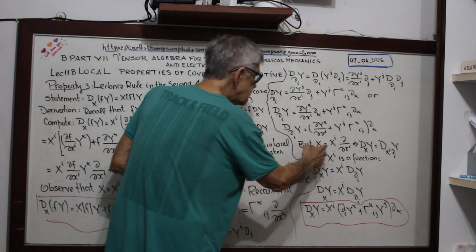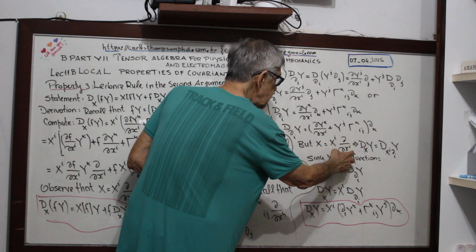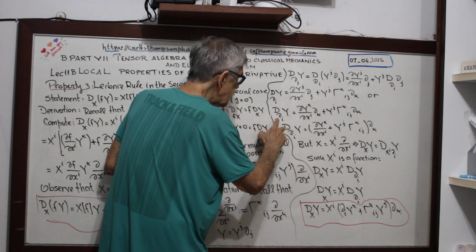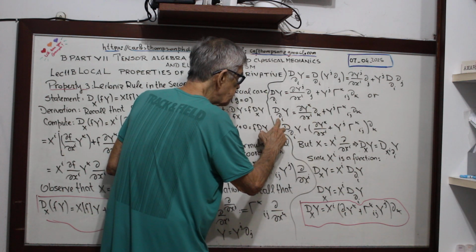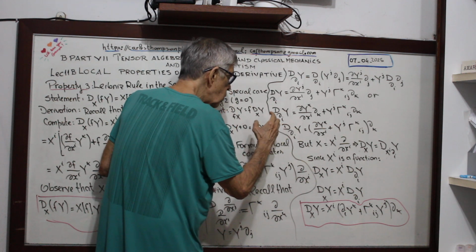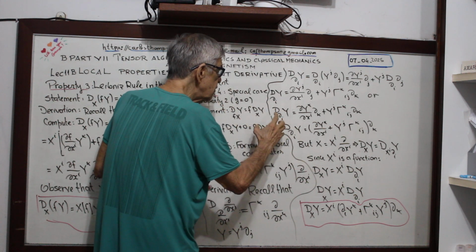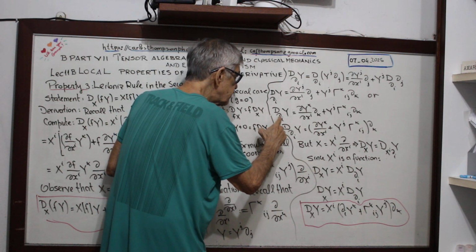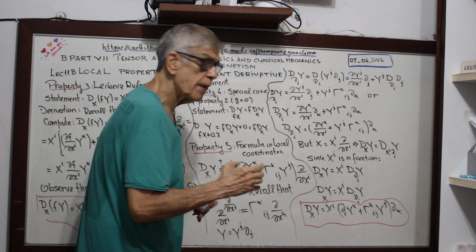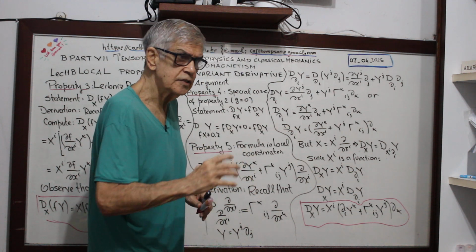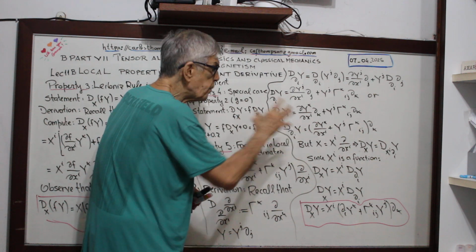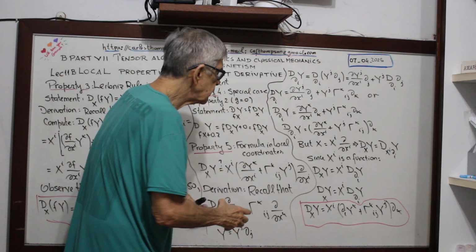But what I want is not the covariant derivative with respect to partial x_i. I want the covariant derivative of, in this case, this here, which I will substitute by capital X. So D_X Y is X^i D_(x_i) Y. This is the part that I want.